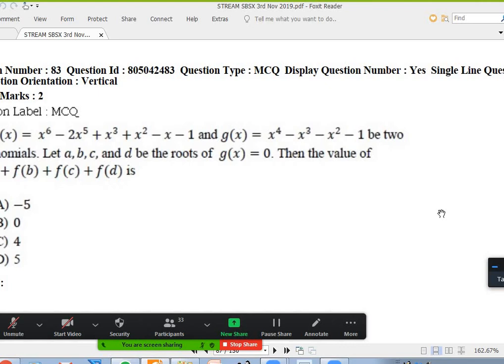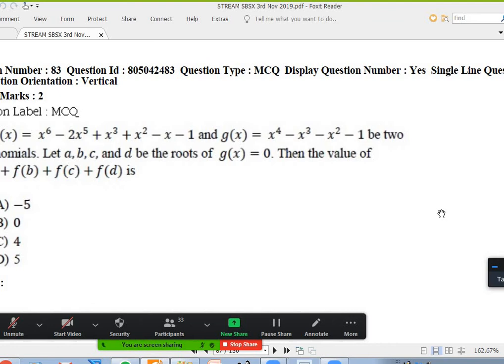F of x they gave us is x power 6 minus 2x power 5 plus x cube plus x square minus x minus 1. G of x is equal to x power 4 minus x cube minus x square minus 1.